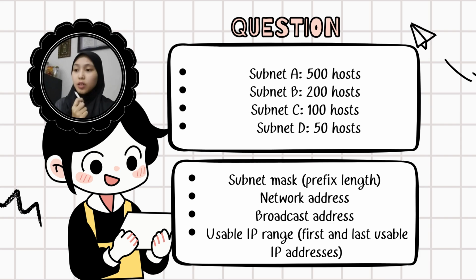I am asked for the subnet mask, which is the prefix length, the network address, the broadcast address, and the usable IP range, meaning the first and last usable IP addresses.